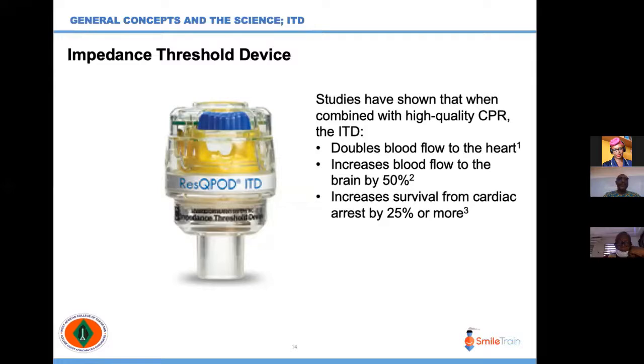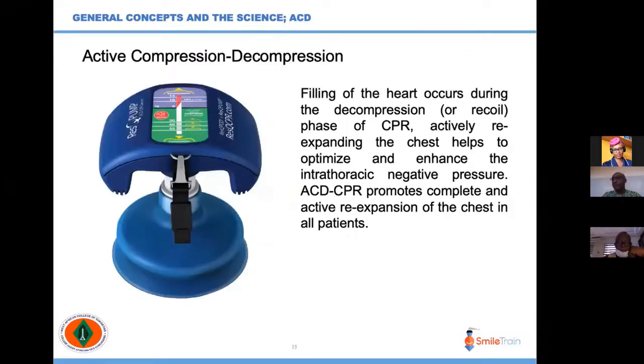This is the active compression decompression device. It works on the same principle. In order for blood to circulate, we need chest recoil. When chest recoil or decompression happens, blood comes back into the heart.